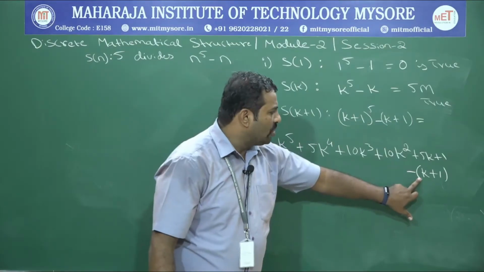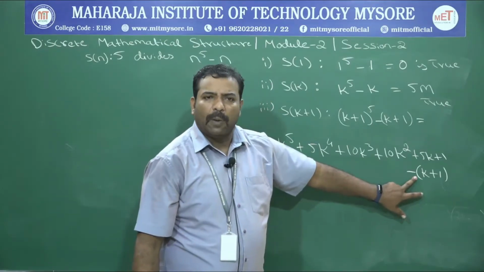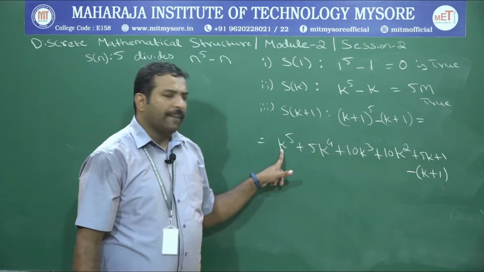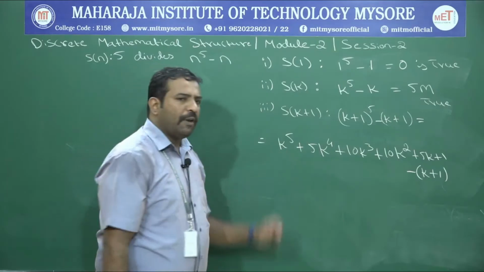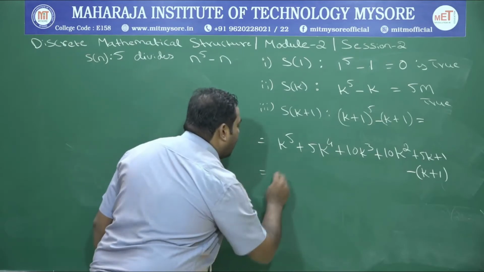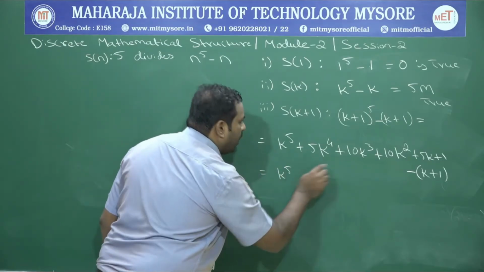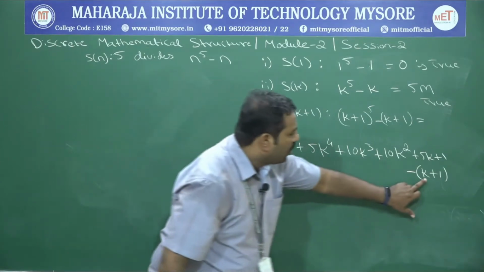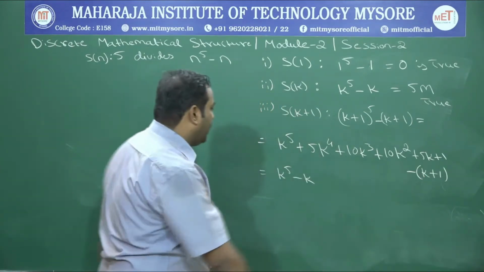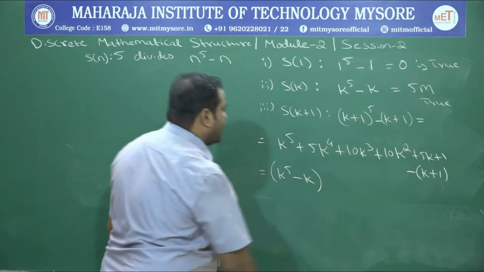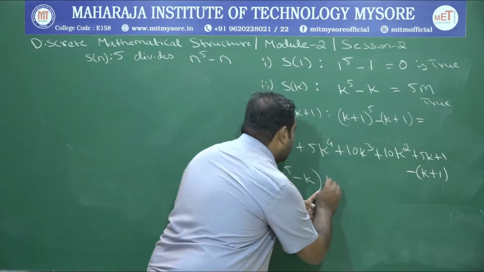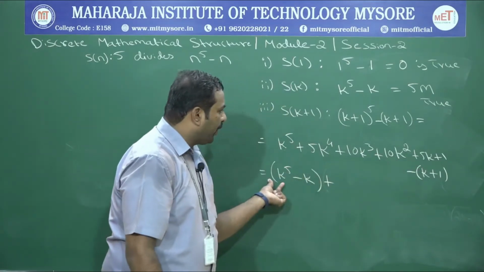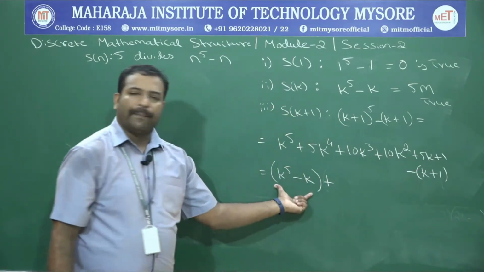So once I have this, let me take the common factor here. I am going to take the common factor as k to the power of 5 and minus k. I have taken k to the power of 5 from this component and minus k, and I have separated this.